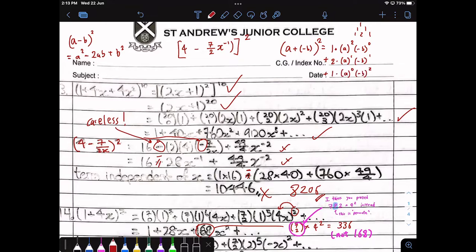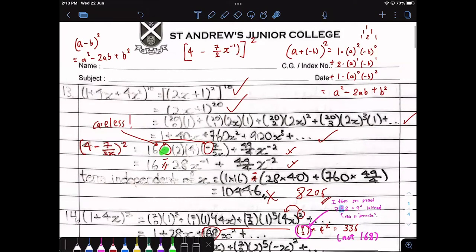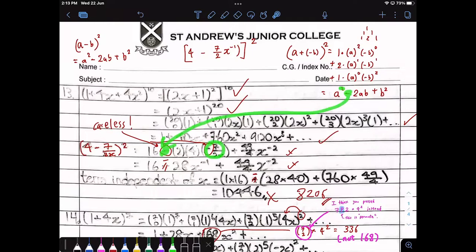Okay, it's just binomial expansion, and then you realize you get a squared minus 2ab plus b squared. You already know this. So over here, there's a negative. You should still have, yes, you should have a negative here. However, your b here is no longer a negative 7 over 2x. It's just 7 over 2x. Don't need the minus here.